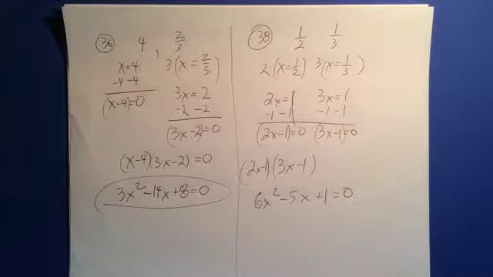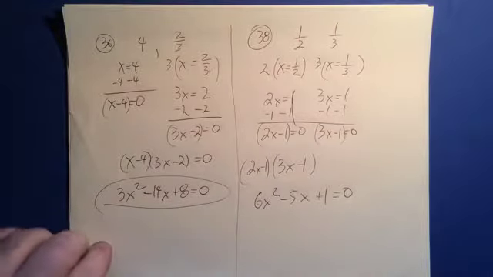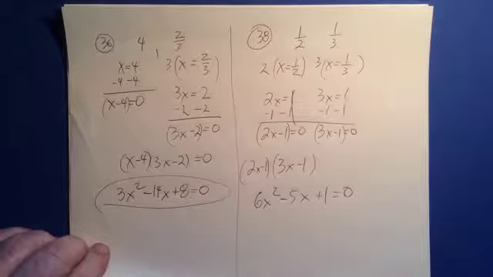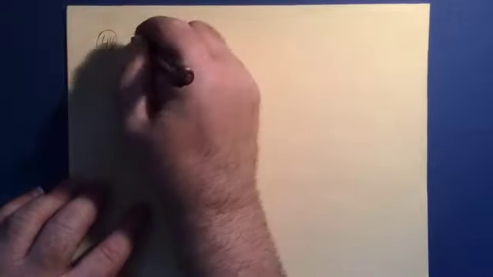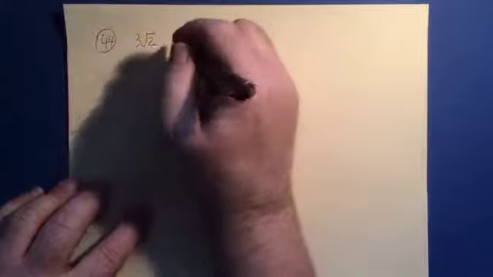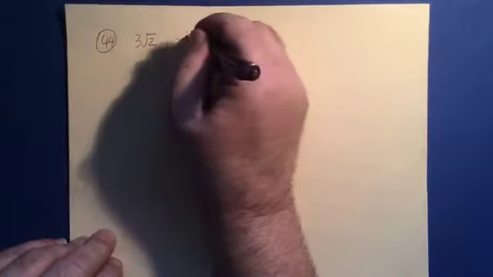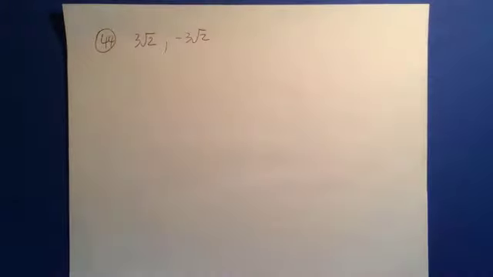Let's go ahead now and take a look at a question like 44. So in question 44, we have 3 radical 2, and then negative 3 radical 2. So these are the solutions that we obtain for the quadratic equation here.